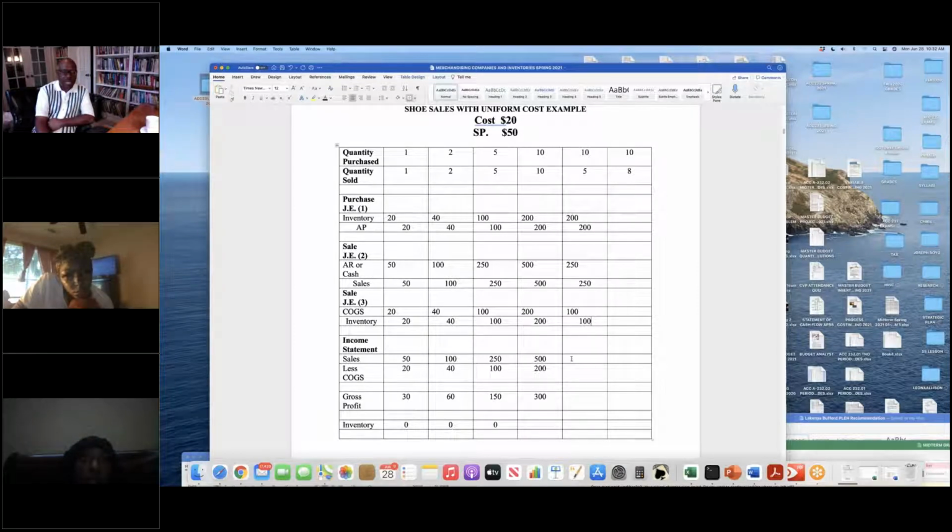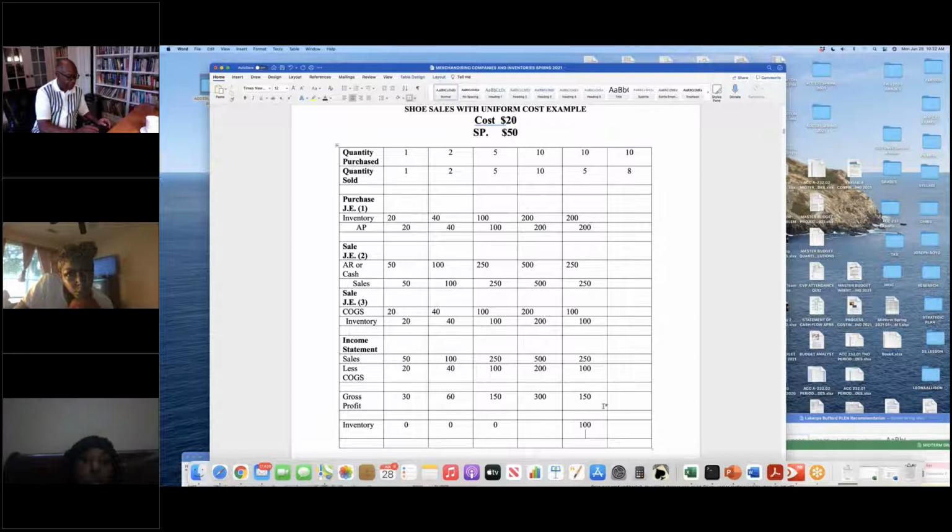And so now when we look at sales, the sales are 250 and cost of goods sold is 100. So our gross profit is 150. But what do we have in inventory? 100, which represents what?